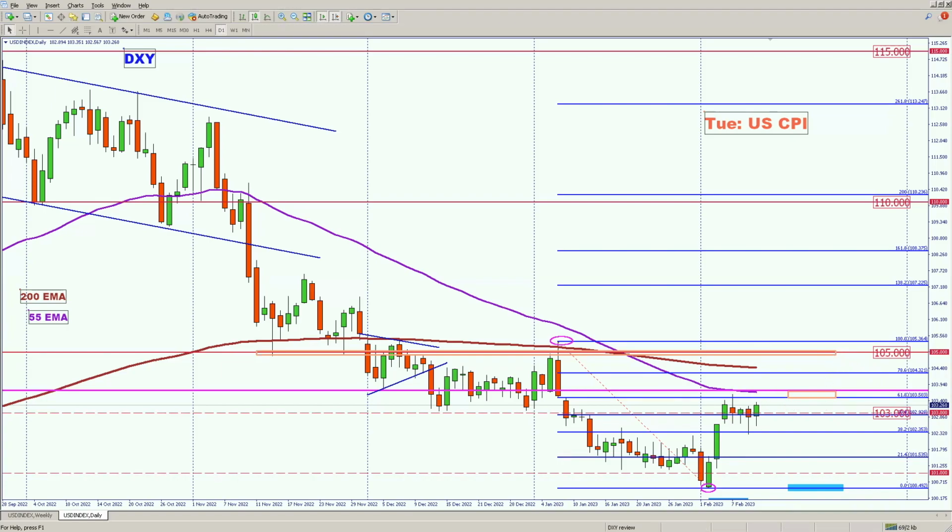But for now, it needs to break through the daily 55 EMA if it's going to gain any ground. And then after that, it's got to contend with the daily 200 EMA around the 786 Fib retracement area.